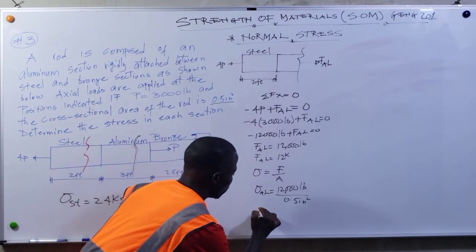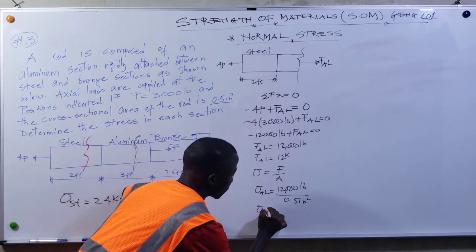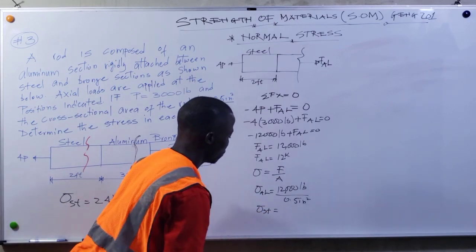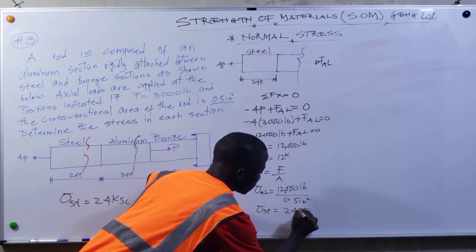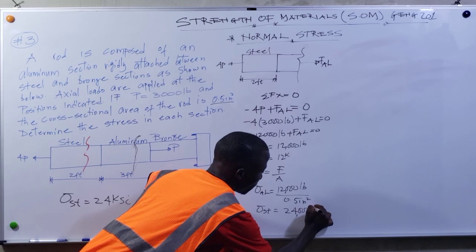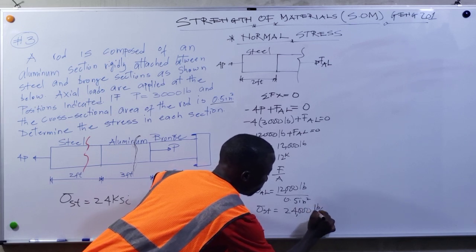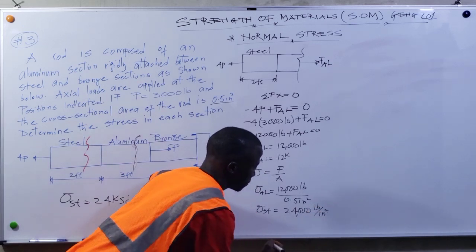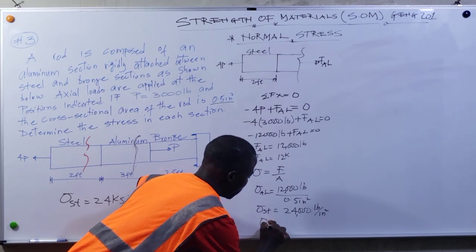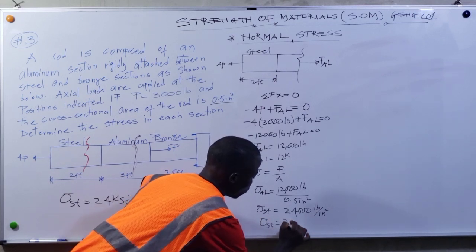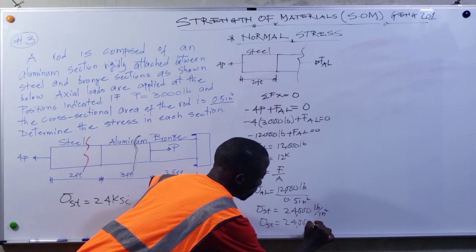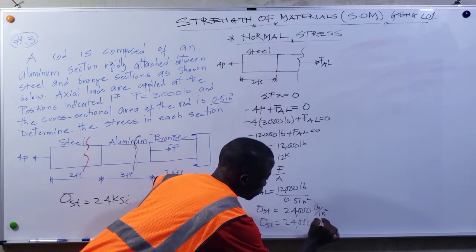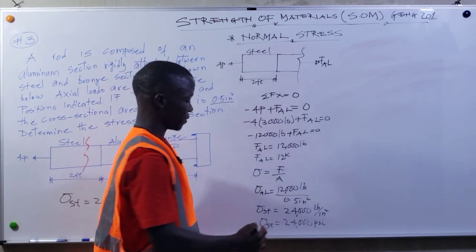So when we solve this, we'll get the stress in the steel to be 24,000 pounds per square inch, which is stress in the steel, to be equal to 24,000 psi, which is pound per square inch.